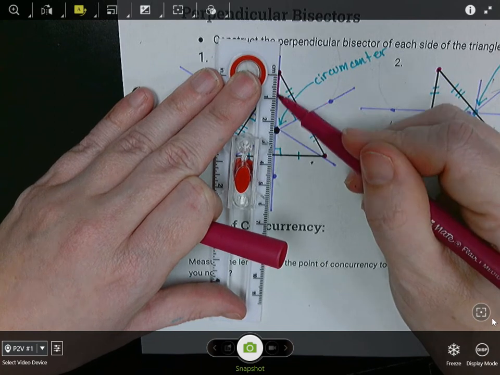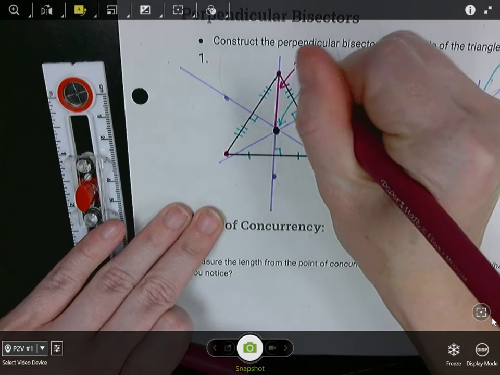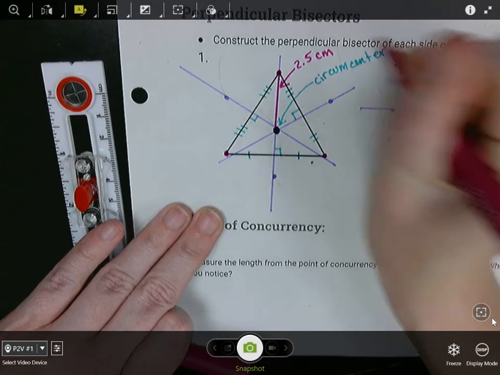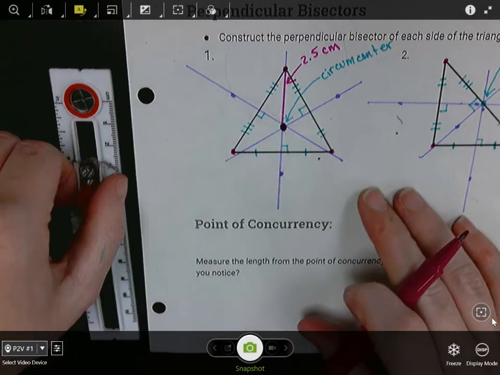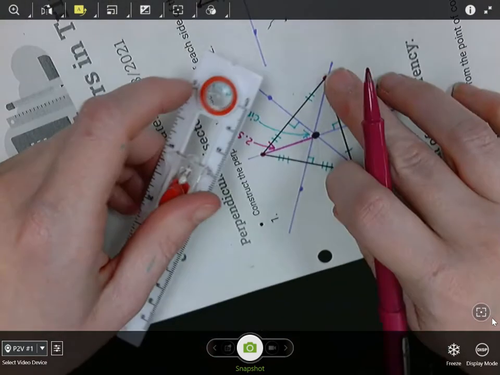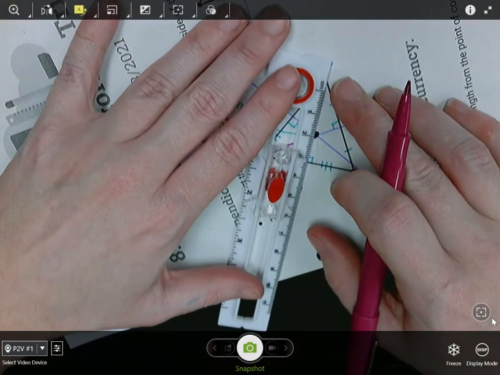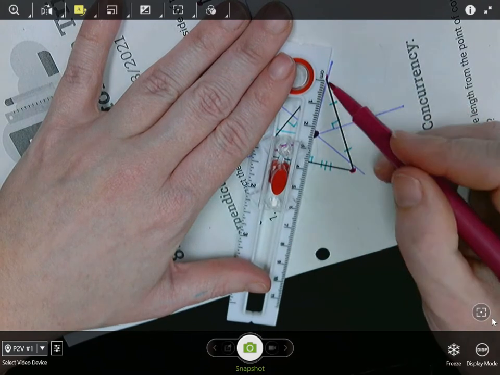2.5. So from here to here is 2.5 centimeters. Let me guess, it's going to be 2.5 on every single one of them. Now measure to another vertex, from the vertex of the triangle to the circumcenter. How many units is that? 2.5.